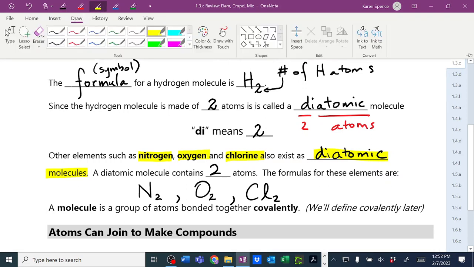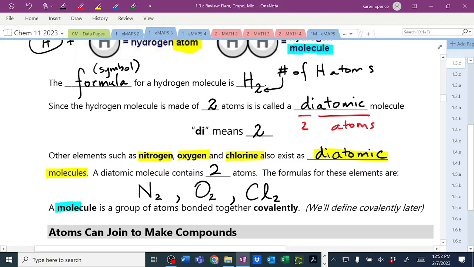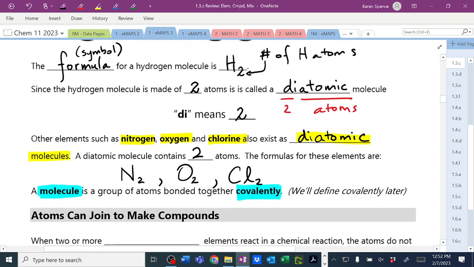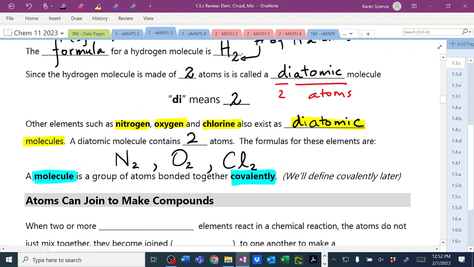A molecule is a group of atoms which are bonded together covalently. And we will define covalently later on, but I would like you just to see if you remember anything from grade 10 or grade 9. See if you can remember anything about covalent bonds. Chat with your neighbors and see what you remember.